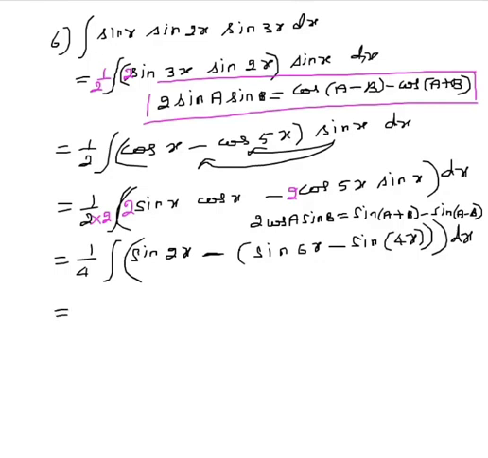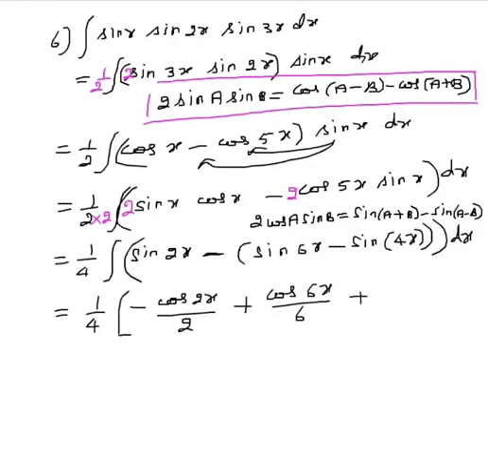Now there is no product of two functions. We can easily integrate each term. Integral of sin 2x is minus cos 2x divided by 2 minus integral of sin 6x is minus cos 6x divided by 6. Minus of minus will become plus.